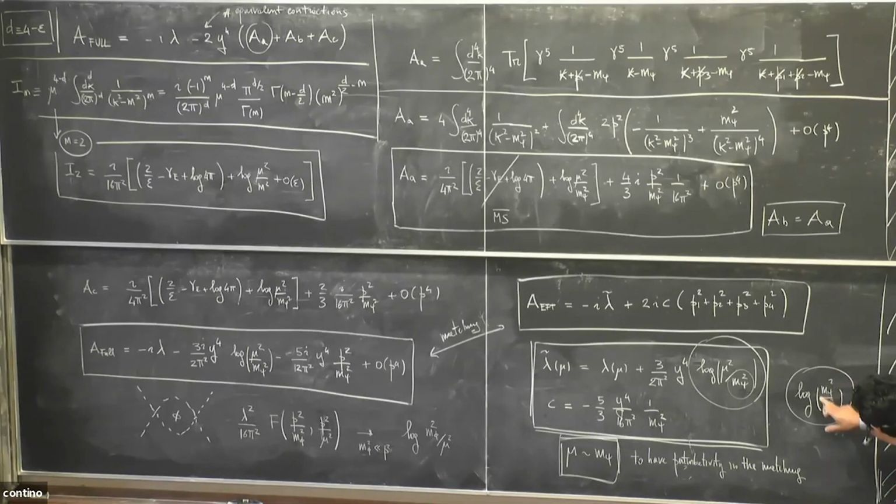So this ratio is necessarily large, and the log can be very large. So how to deal with these logs is what I want to discuss now, and the resolution to this problem is using the renormalization group. But first let me sketch the form of the two-loop result, and let's see how these logs will appear.